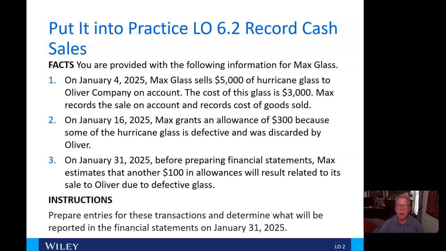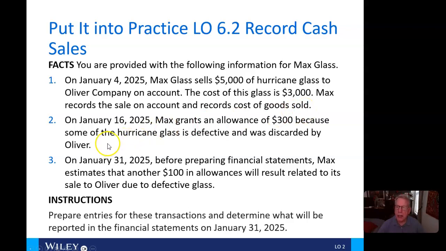All right, so here we'll take a look at Max Glass. Here, Max Glass sells some hurricane glass to Oliver Company. The cost of the glass is $3,000. Max records the sale on account and records the cost of goods sold.